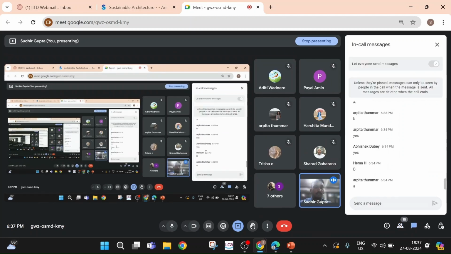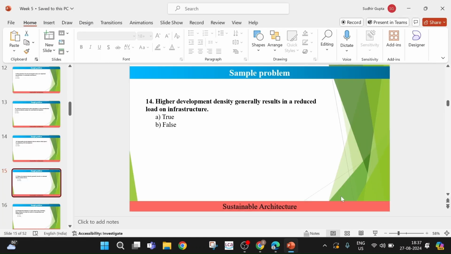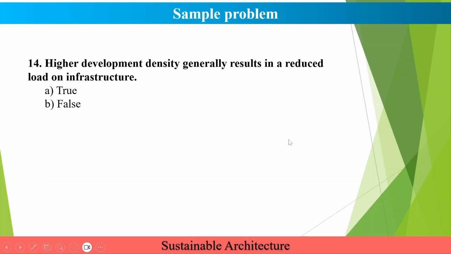If it is a very clear question, then also some of you are confused between option A and option B. So higher development density, what do you understand by higher development density? Based on that you can answer whether it results in a reduced load on infrastructure or not.